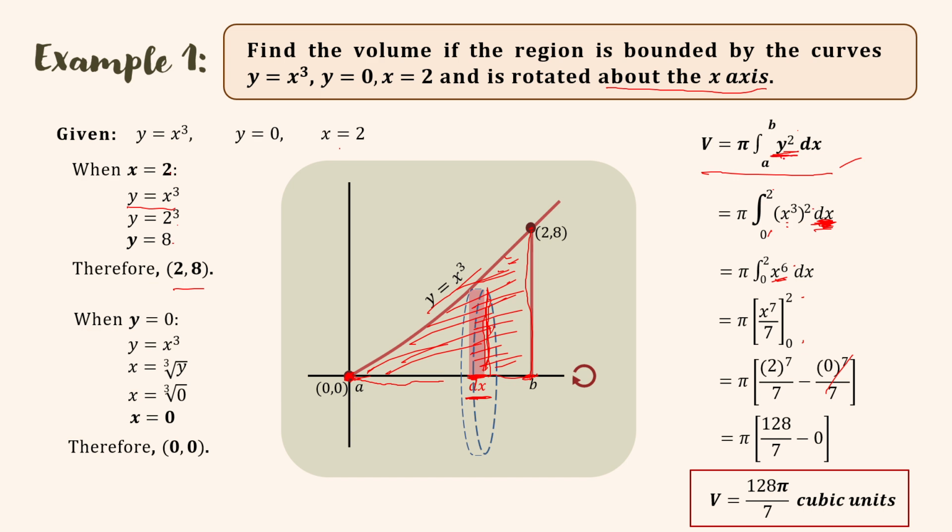And this y squared is the length of the strips, and our width is in terms of x. So therefore, we have to substitute the value for y as x cubed here. So that's it for example number 1.